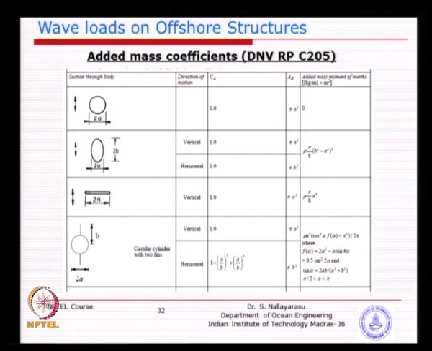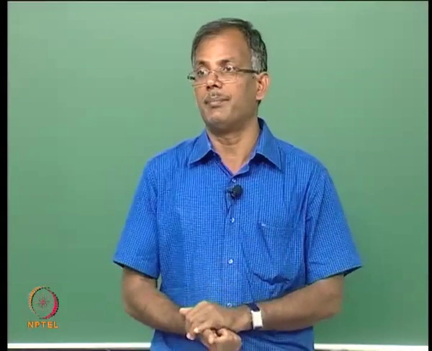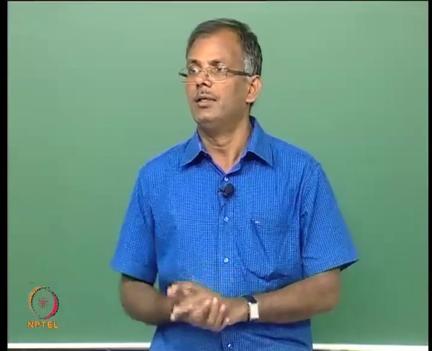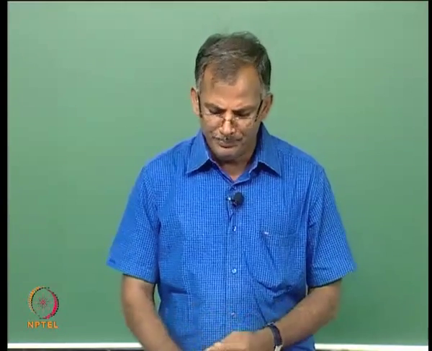So, basically you see here circular cylinders to flat plate, all geometrically derivable dimensions given are recommended by DNV, but this needs to be verified by experimental conditions. Most of the time we take this as a basis and then do the experiments to verify.